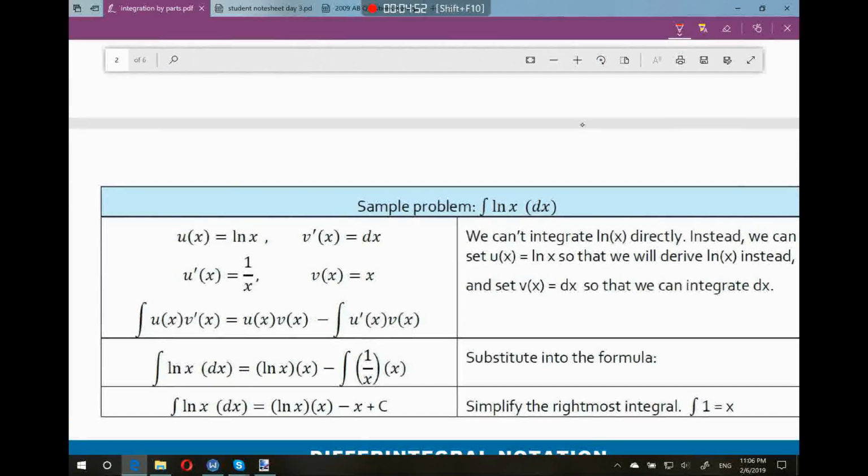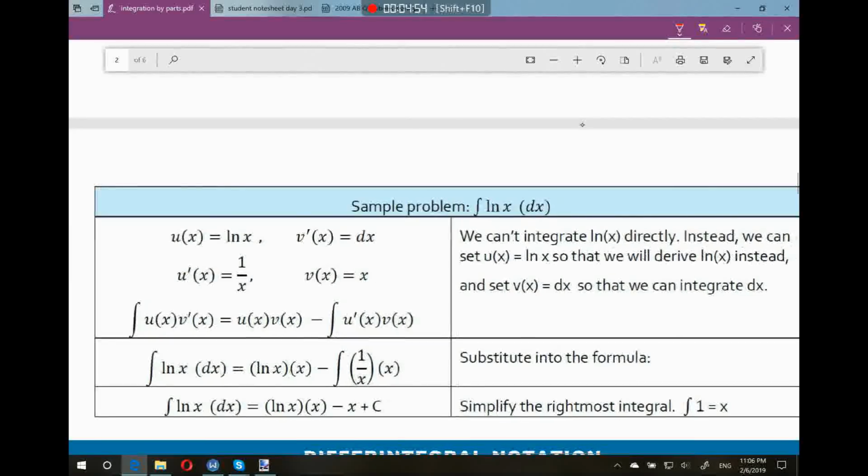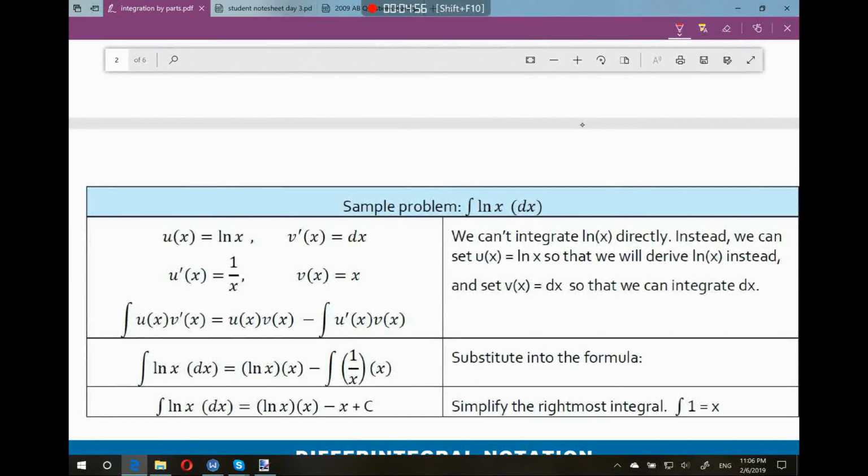So here's our example. I've got the integral of the natural log of x in terms of x, the integral of ln x dx. We can't integrate natural log of x directly, so I'm going to set this part equal to u.